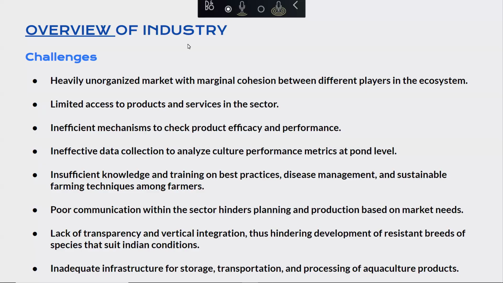Rather than finding out better products, they are relying on selling their crop earlier than realizing its full potential. An example of this is, in the shrimp industry, 100 count is what we call the break-even point.